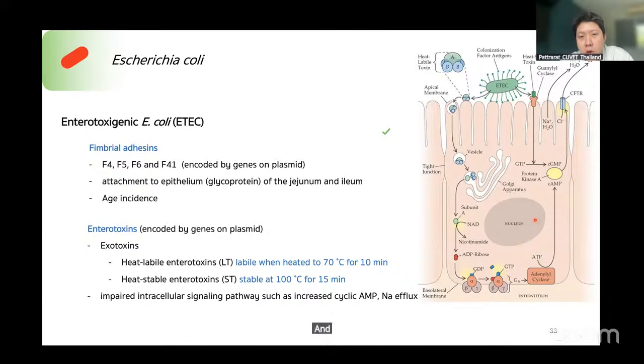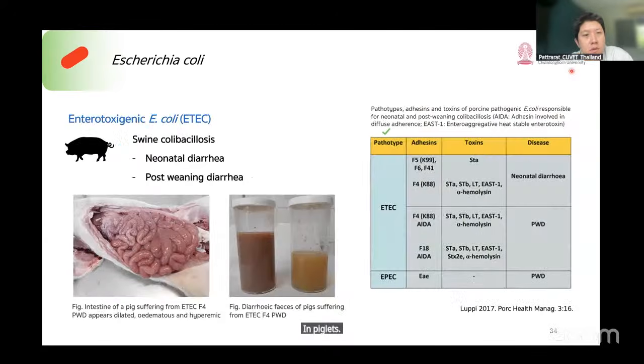The overall outcome is the release of sodium chloride ions and water into the intestinal lumen and causes diarrhea in piglets.